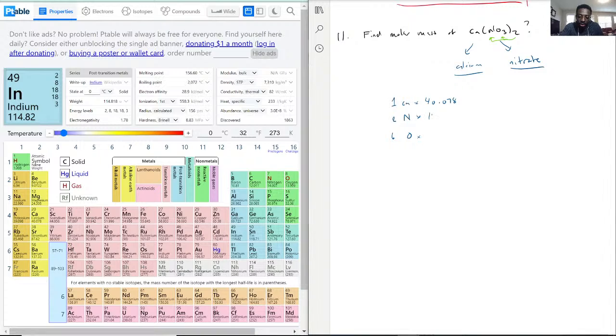Nitrogen is 14.007, oxygen 15.999. So 40.078. Nitrogen times 2 is 28.014, and we're not making any mistakes with the oxygen this time, so we're just going to do it in the calculator.